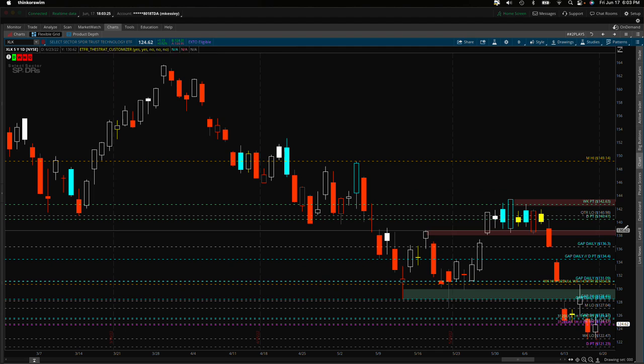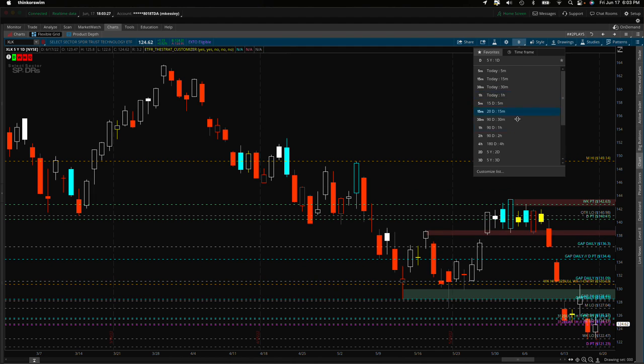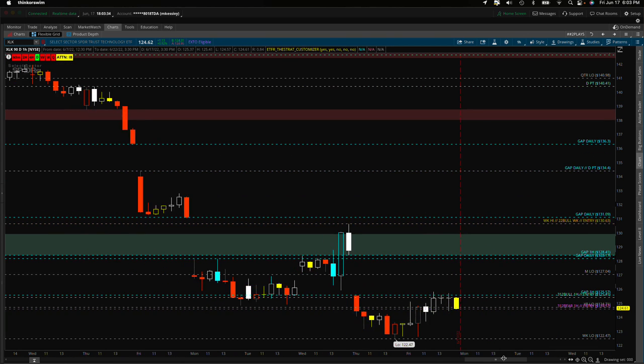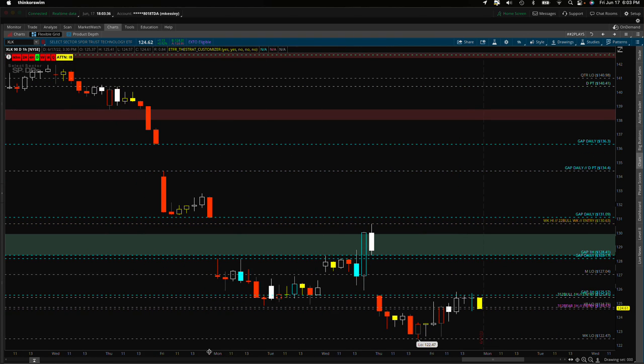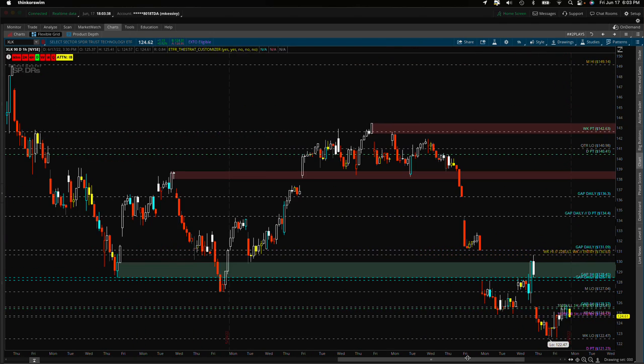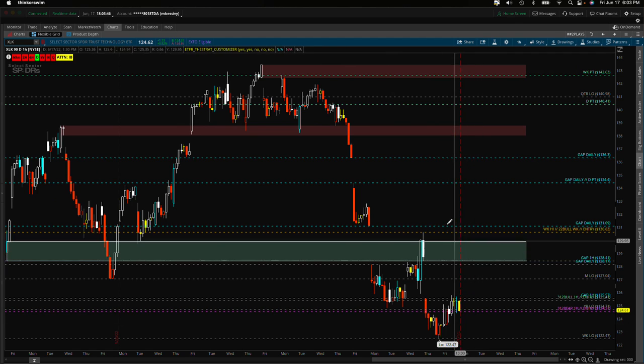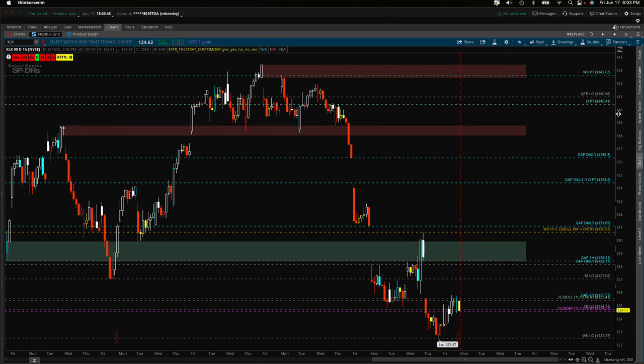So let's look at the 1 hour chart now. Looking at the 1 hour chart, when we zoom in a bit, we can see that we have a good understanding of price action between, actually it's a little lower than that.